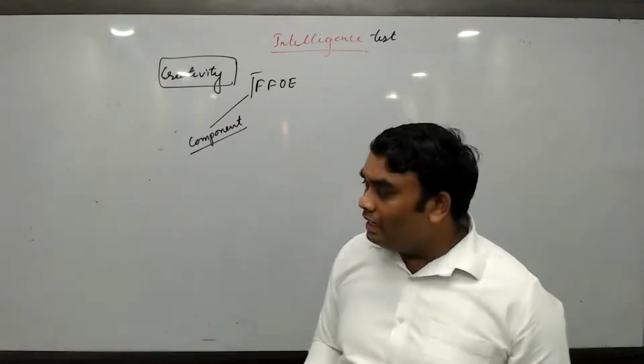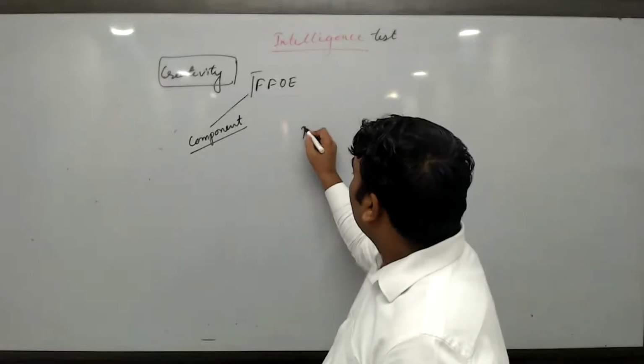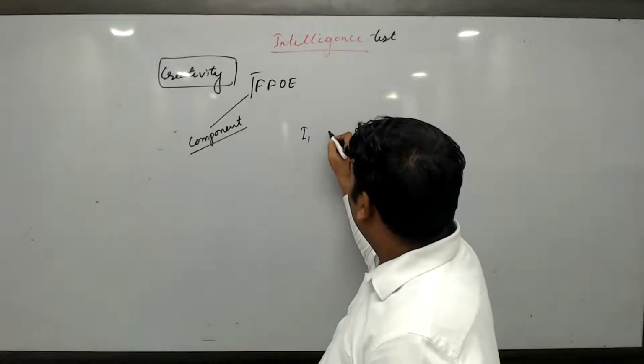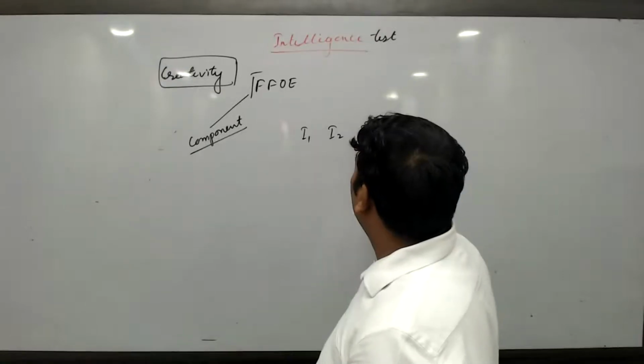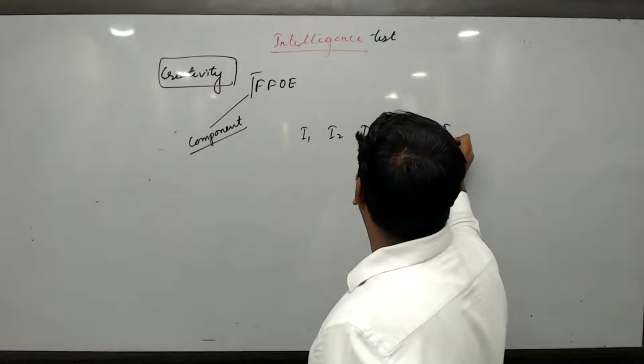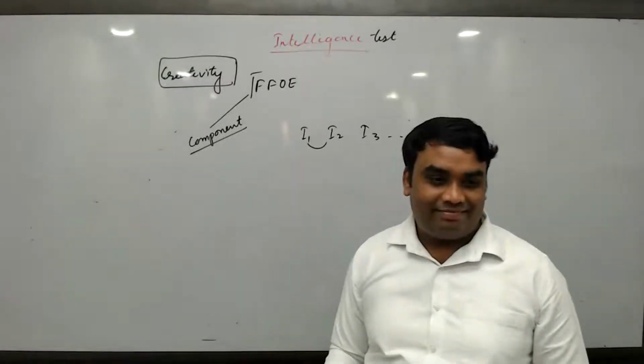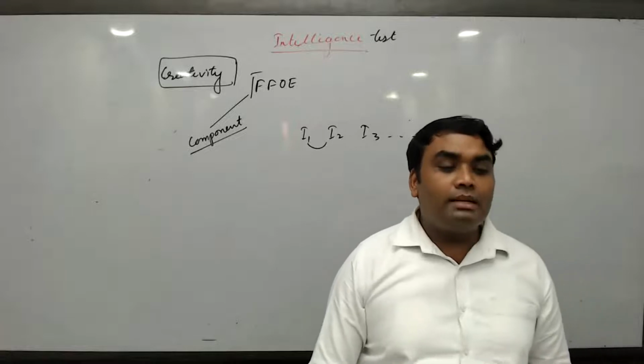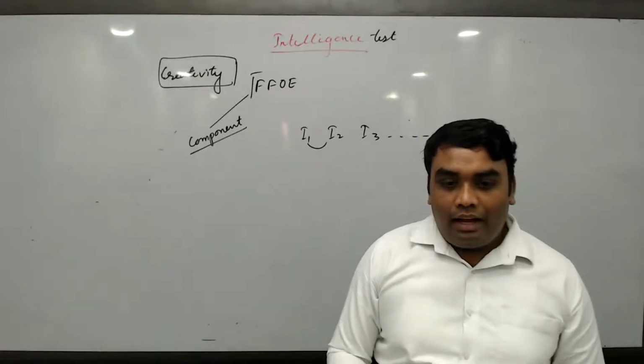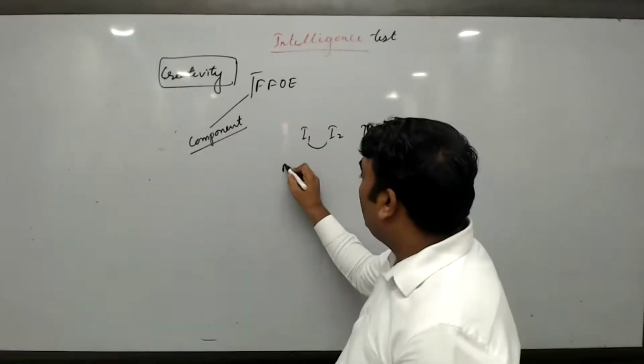Fluency. Like here is the iPhone. Suppose iPhone 1, iPhone 2, iPhone 3, right now iPhone 12. So this is a big example of creativity. Earlier there was the bulb.